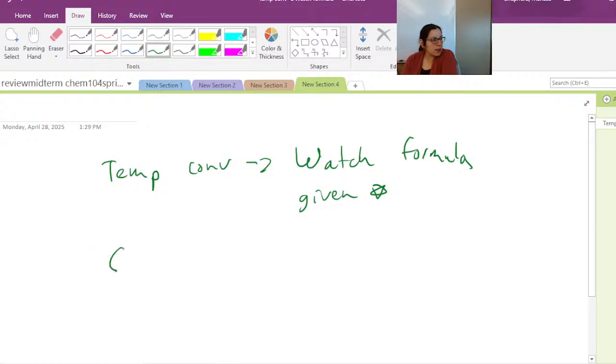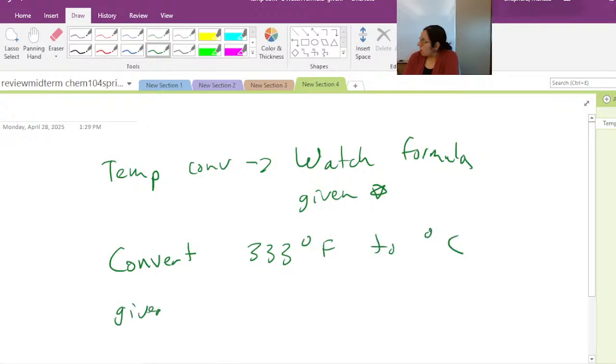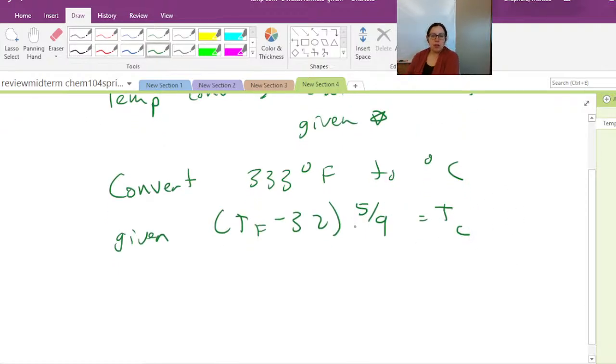And so let's just practice one. So convert 330 degrees Fahrenheit to Celsius. And again, I'll provide you the formula. So this one is just a standard formula. But like I said, on the exam, it may be different. All right, so convert that to Celsius. Just make sure you can plug and chug.